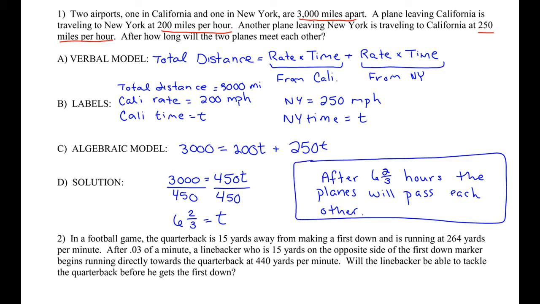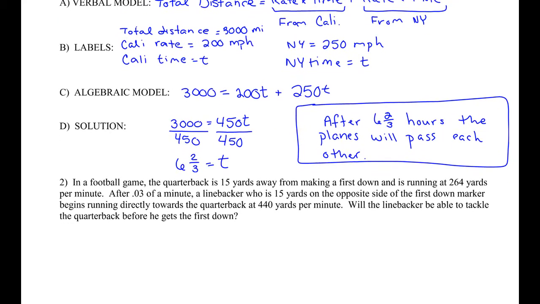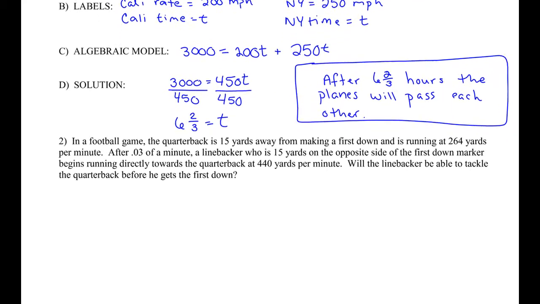Okay. When you finish example 1, please scroll down and look at example 2. Example 2 says, in a football game, the quarterback is 15 yards away from making a first down and is running at 264 yards per minute.